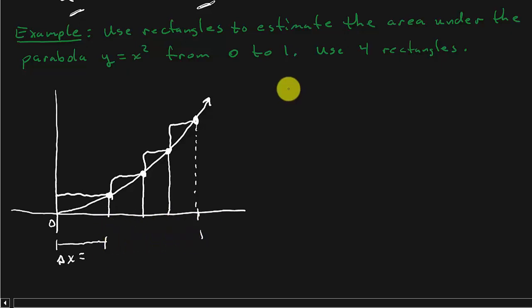The way that we can find delta x is, well, we're going from 0 to 1. So you're going to take this point minus this one and divide it by however many rectangles you're using. And so the width of each rectangle, delta x, is 1/4. That's the width of each one of those rectangles.